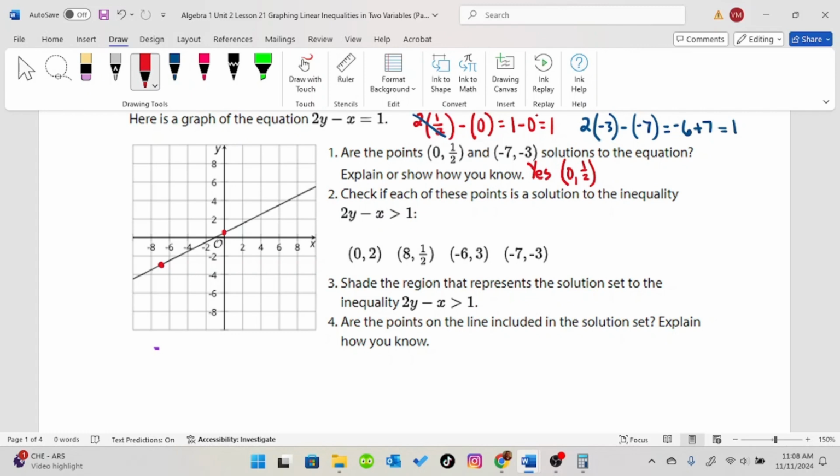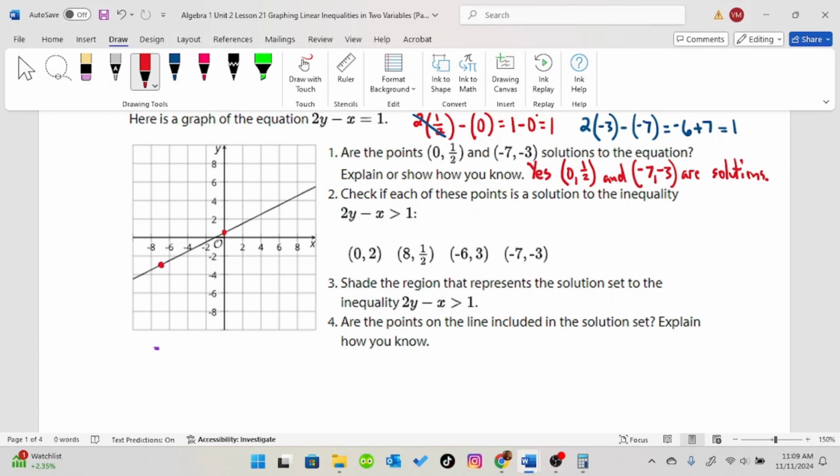So yes, (0, 1/2) and (-7, -3) are solutions. And we showed that graphically because the points are on the line, and we showed that algebraically by substituting them into the original equation.